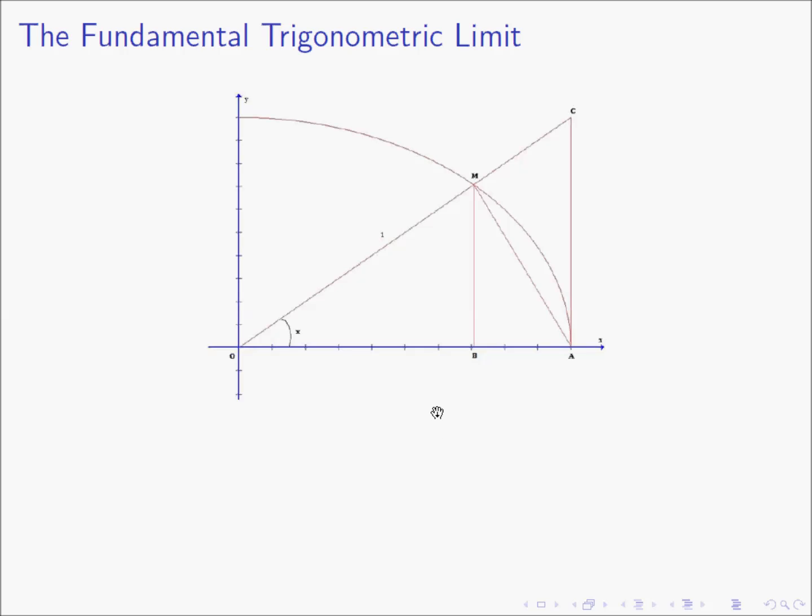So what we're going to do is to use this inequality between areas. Here we have the triangle MOA. This inequality says that the area of this triangle is less than the area of the sector MOA.